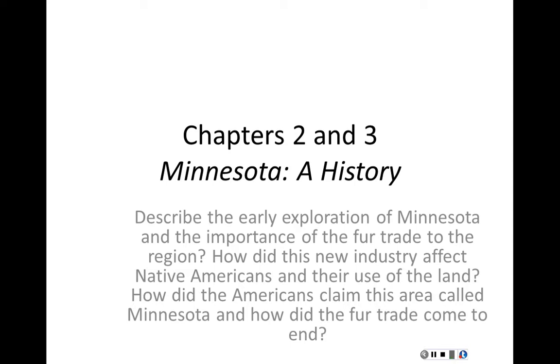In this part we're going to finish up Chapter 2 and get into Chapter 3. We're going to finish out that thought of the importance of the fur trade, and then finally how the Americans claimed this area as theirs. It wasn't divinely ordained or predestined that this was going to happen.